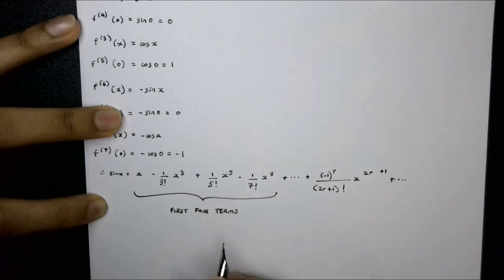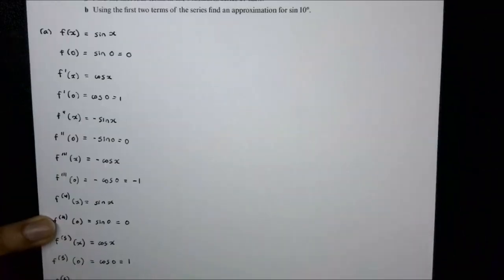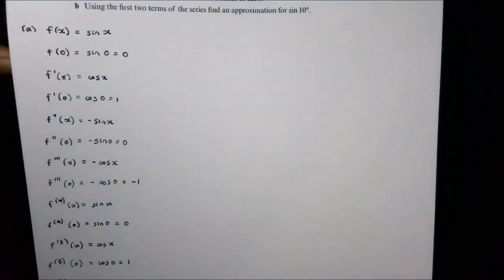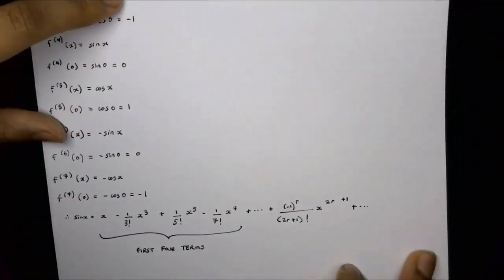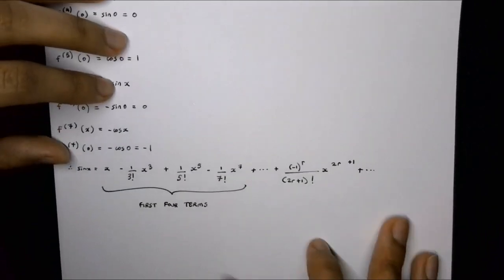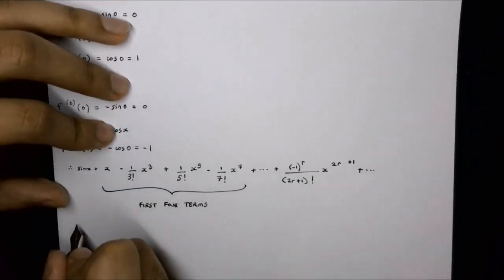Okay, now for part B, we have to use the first 2 terms of the series to find an approximation for sine of 10 degrees. Now, first of all, we need to convert the 10 degrees into radians.